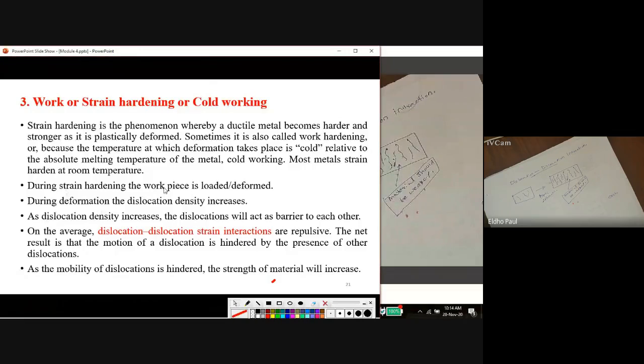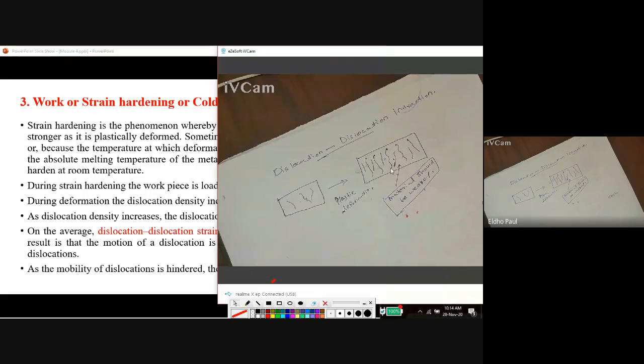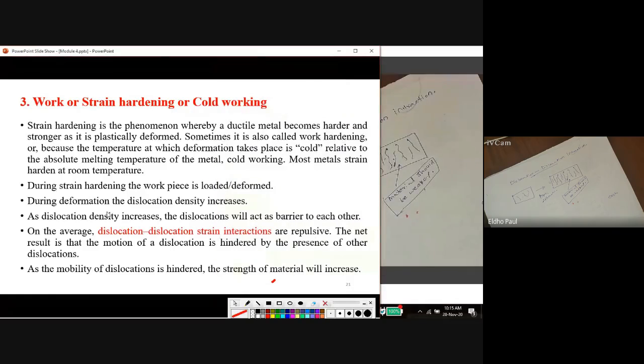during strain hardening, the workpiece is deformed. During deformation, dislocation density increases. Here we can see the dislocation line length per volume is higher. As the dislocation density increases, dislocations will act as a barrier to each other. This is very important.